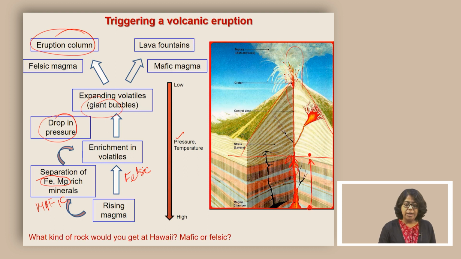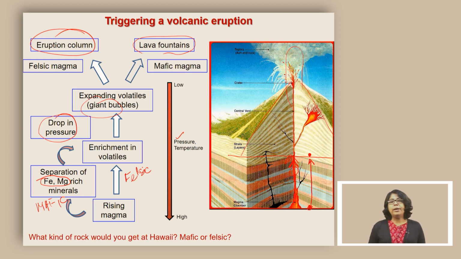So, it is going to move in a much smoother manner, and it is going to create a lava fountain. So, it is hot lava coming up to the surface, creating a smooth, not very explosive or eruptive nature, but a relatively smooth flow which can go up, and these are called lava fountains.